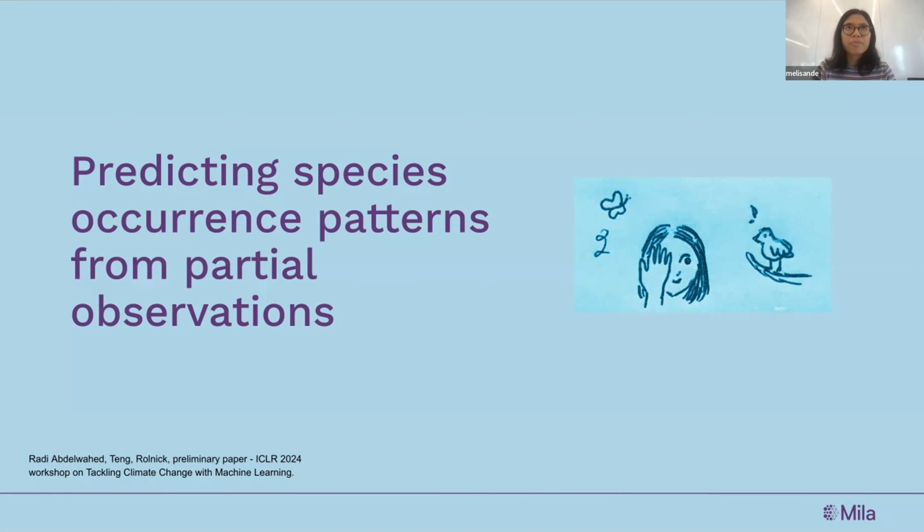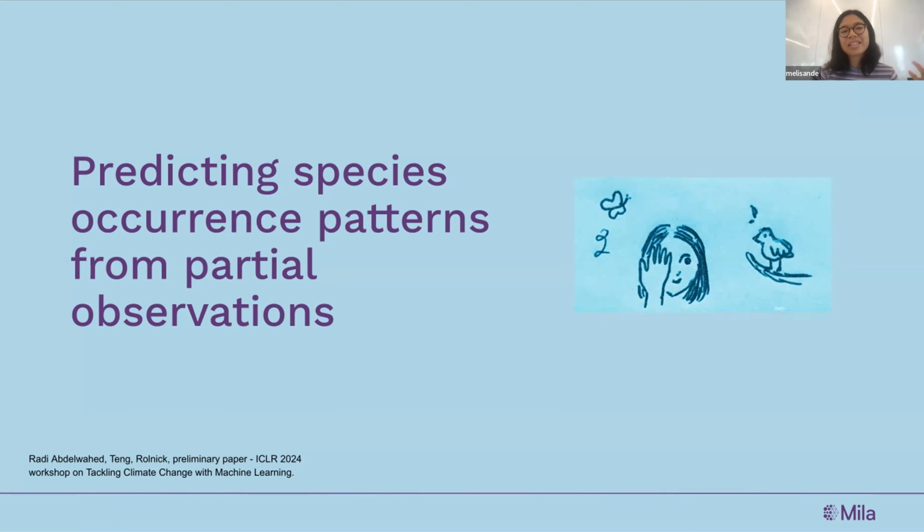Now, another case that you might run into in real life is, when you go out on the field, you might not observe every species, but species interact. So sometimes you will see a certain plant and then you might think, oh, I know that this butterfly likes this flower. So perhaps this is a good place for this butterfly to be.